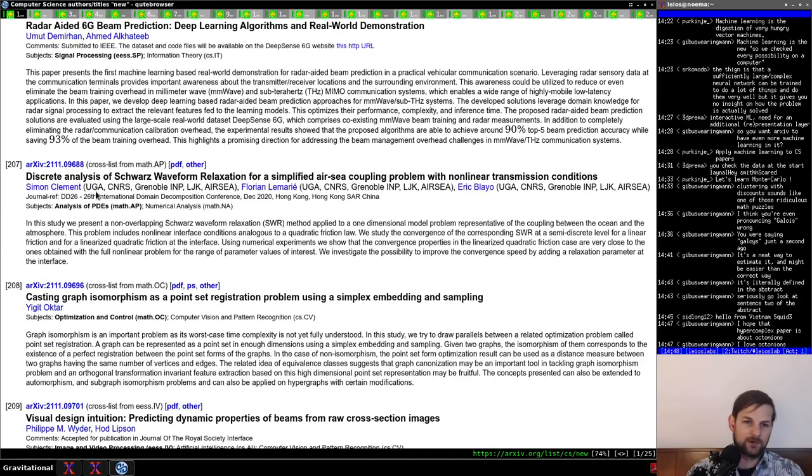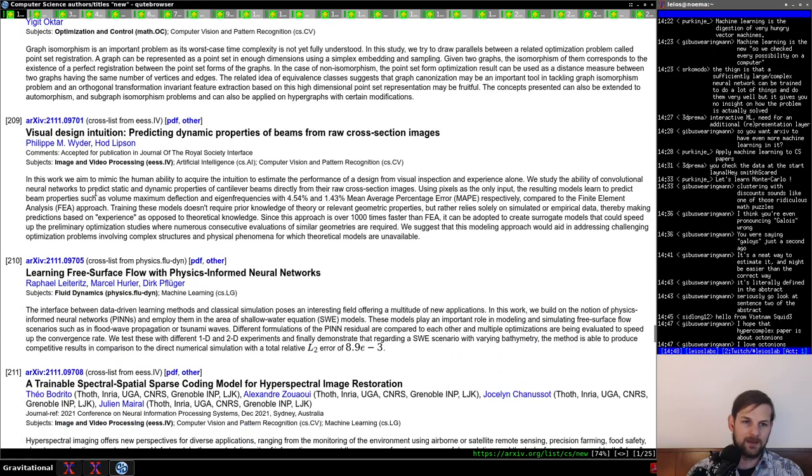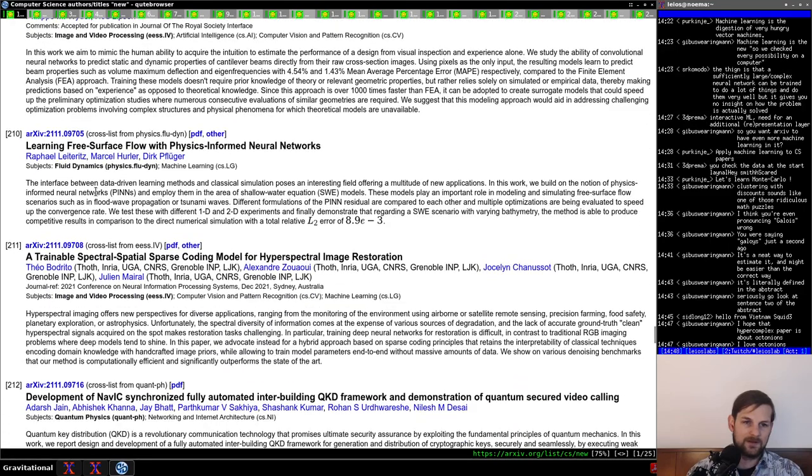Discrete analysis of Schwartz waveform, casting graph isomorphism as a point set registration problem using simplex embedding and sampling, visual design intuition, learning free surface flow with physics-informed neural network. Man, these physics-informed neural networks are becoming super popular as of late, and it's a question as to whether we should actually delve into them. Should we learn more about them? I don't know.